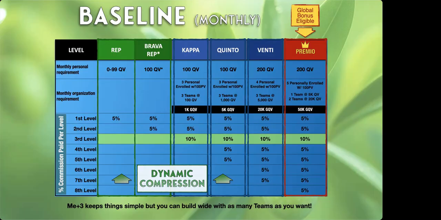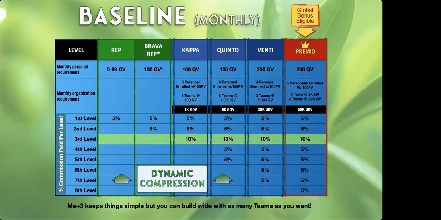And then the fourth and final requirement is your total organizational GQV, or group qualifying volume, needs to be at 50,000 or above. So again, just those 4 different requirements. Now to go beyond that, essentially think of this as a Premio 50K. And for other levels beyond that, there would be specifics to each of these 4 requirements.